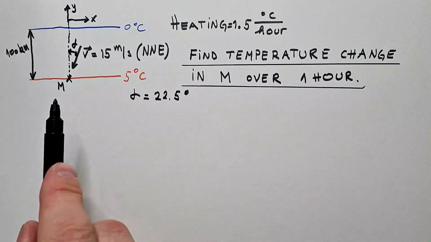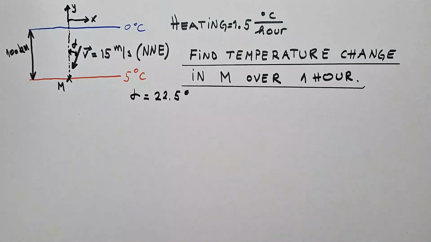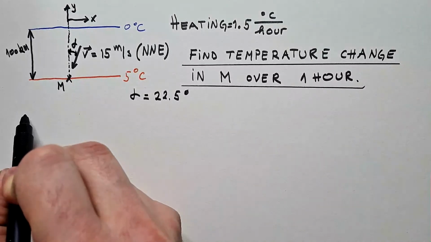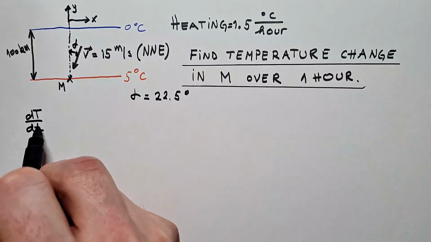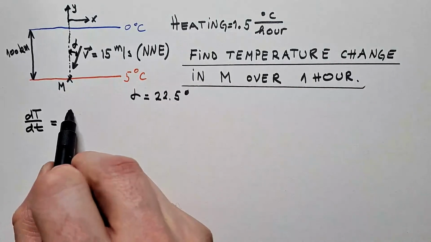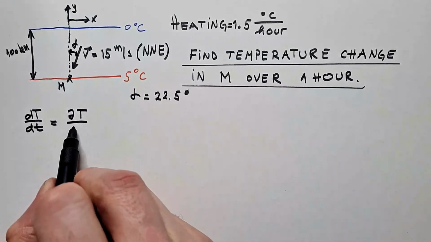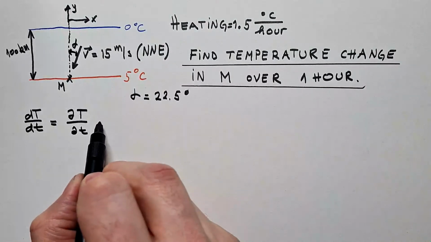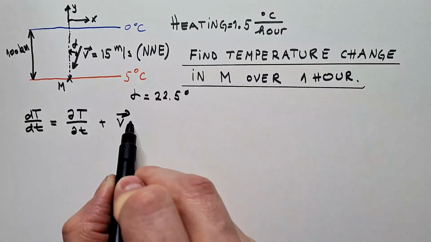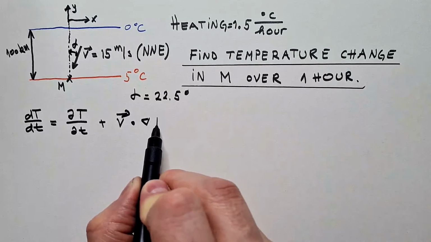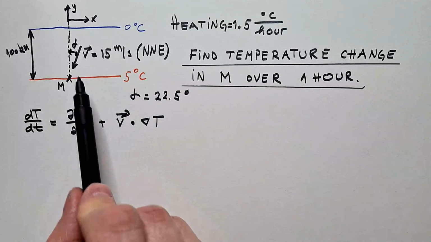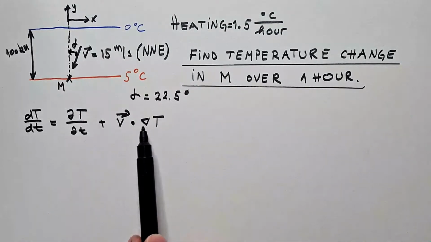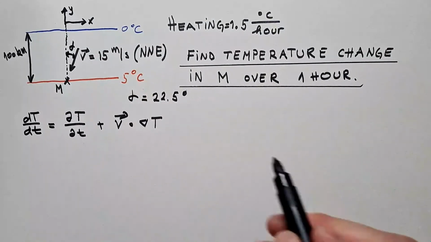Now, to find the temperature change here in m, we just need to use the material derivative that we derived a few videos ago. dT/dt is equal to ∂T/∂t plus V dot nabla T, where T is temperature, small t is time, V is wind, and nabla or del is the differential operator.